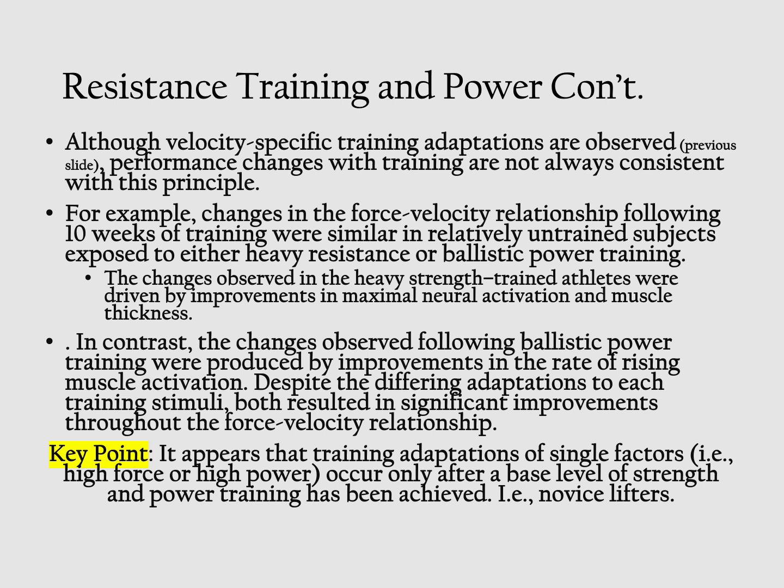It appears that training adaptations of a single factor, meaning only high force or only high velocity, occur only after a base level of strength and power has been achieved. For instance, novice lifters should train a single factor, one and then the other, to be able to combine the two to maximize power.